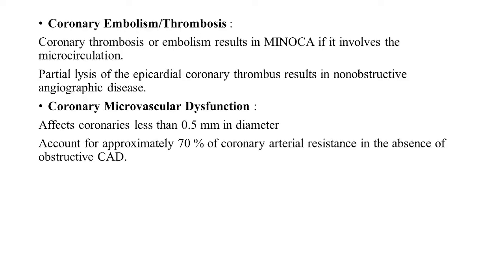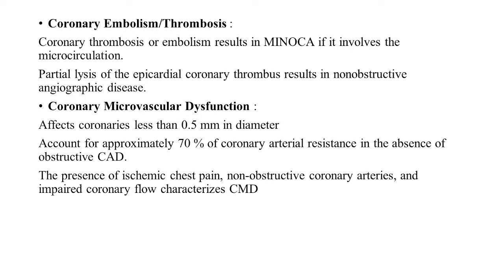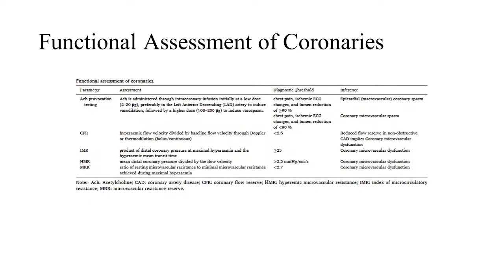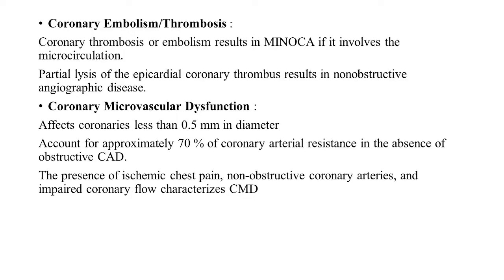And finally, coronary microvascular dysfunction. When I say microcirculation, I mean those coronaries with a diameter of less than 0.5 mm. More than 70% of your coronary arterial resistance is caused by these micro coronaries, and that is why this is very important in such cases. If the patient has ischemic chest pain with non-obstructive coronary arteries, we do an acetylcholine provocative test or an ergonovine provocative test in the same way.